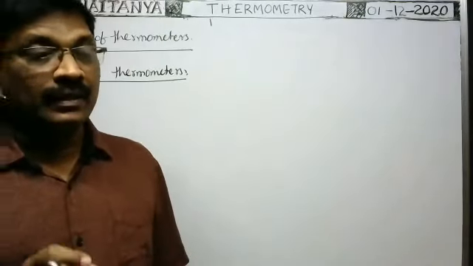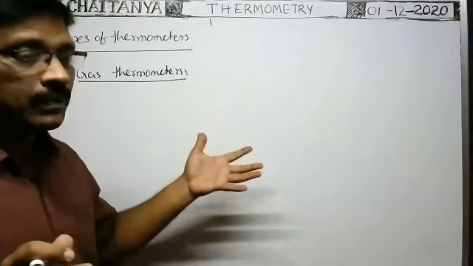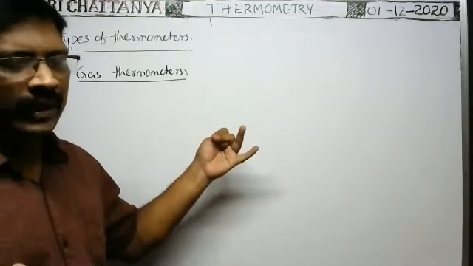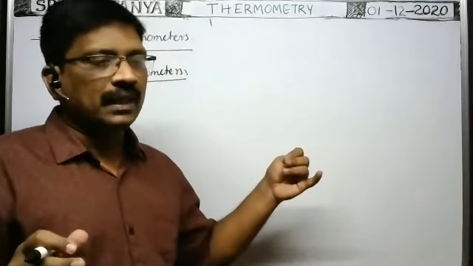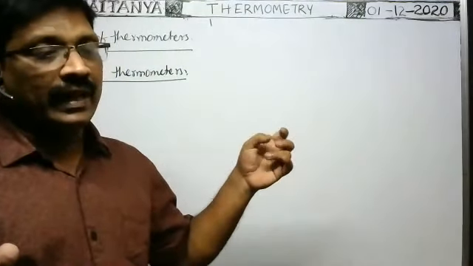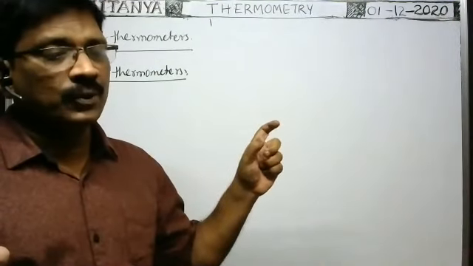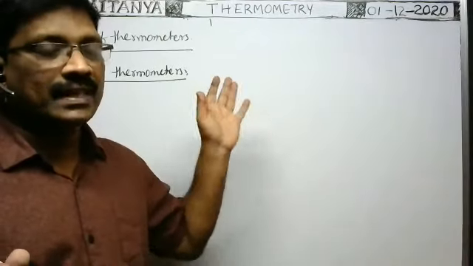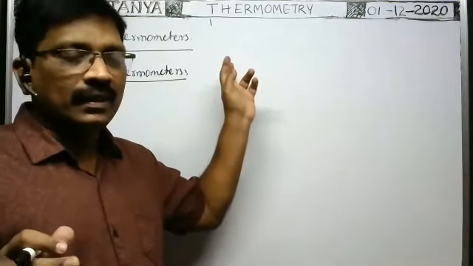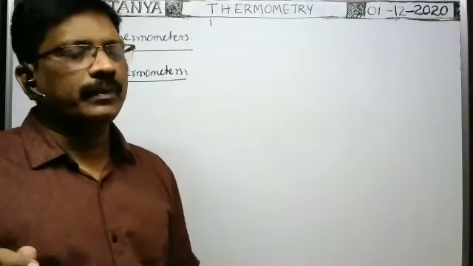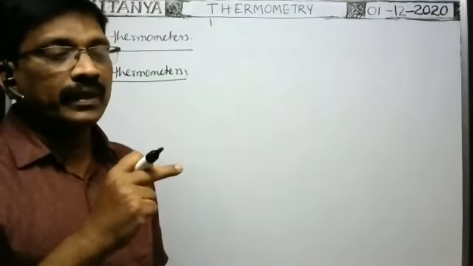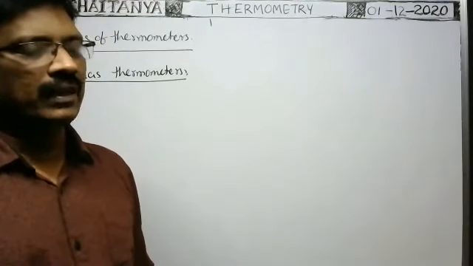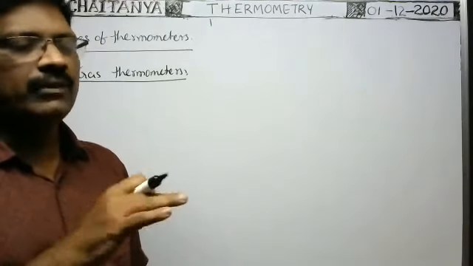Among these different types, gas thermometers, liquid thermometers, resistance thermometers, and thermocouple thermometers, gas thermometers are more preferable because they show a more perfect, sensitive reading compared with the others. That's why gas thermometers are preferred over liquid thermometers. But the gas thermometer is bulky in size. That's why we prefer liquid thermometers only.